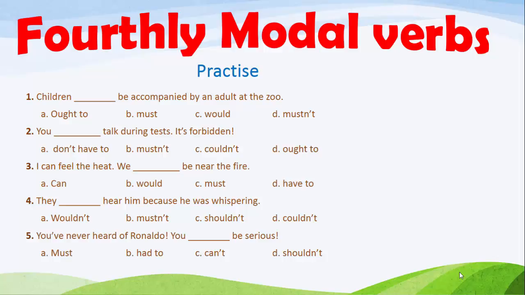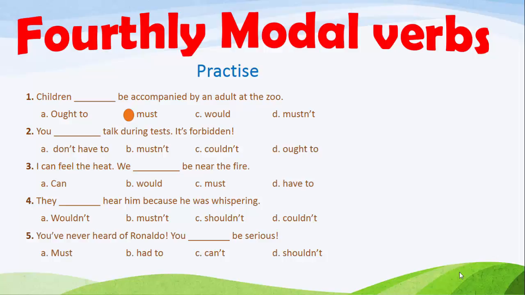Which is correct: ought to, must, would, or mustn't? What's the correct answer? Yes, it's must. Children must be accompanied by an adult at the zoo. This is rule or necessity.